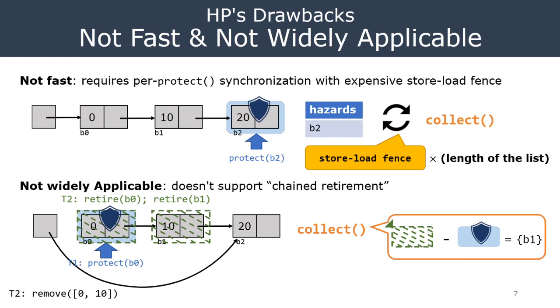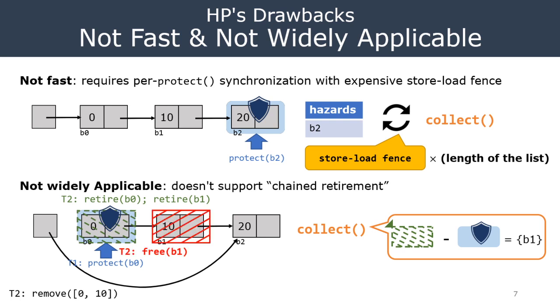B1 is beyond the reach of T1, because T1 is currently accessing B0 and doesn't know anything about B1. That's the reason why B1 is retired but not protected, and as a result it can be reclaimed in a concurrent collect function.